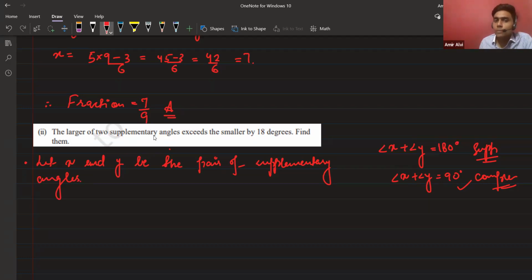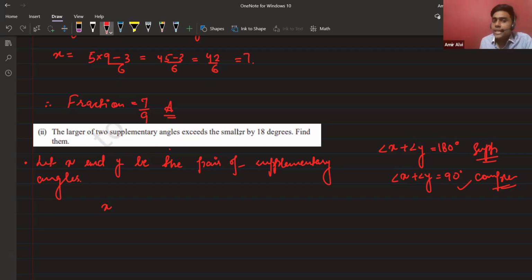So the larger of two supplementary angles exceeds the smaller by 18 degrees. Now tell me, Rihan, Hiba, Adil, Ajwat, which one should I assume the greater, x or y? It's up to you. X, majority x. Okay. Adil, x. Okay, x. So x is greater than y.